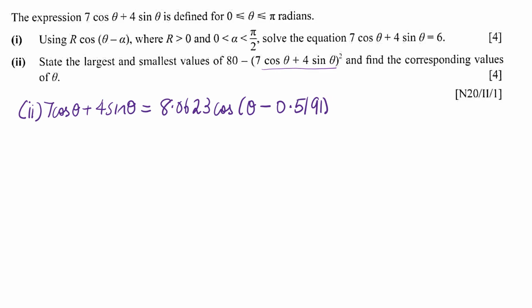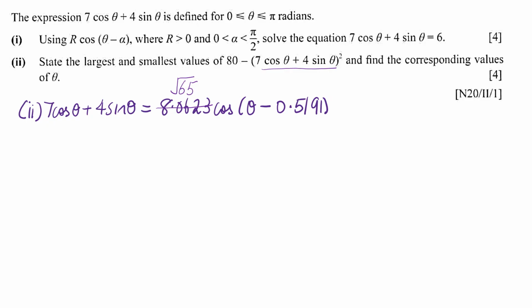So I think it would be advisable to leave your r as square root 65. Okay, I'll explain later why. But for part 1, it's fine. You can put it as 8.0623.